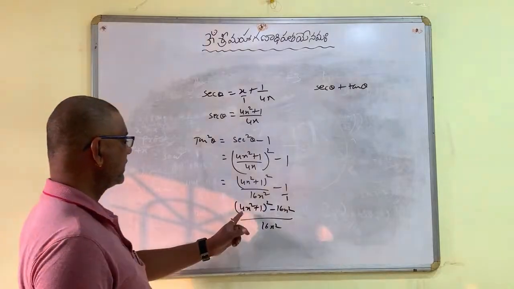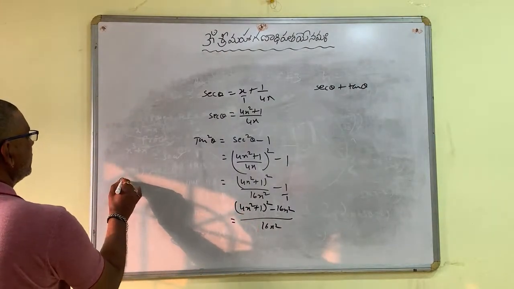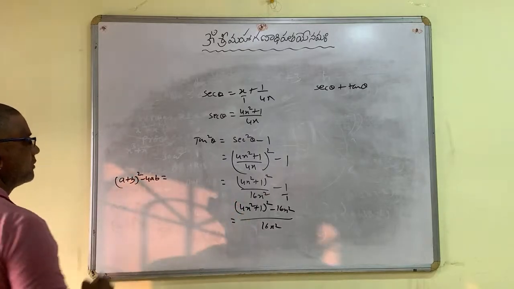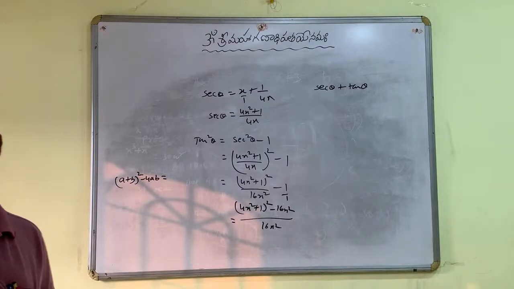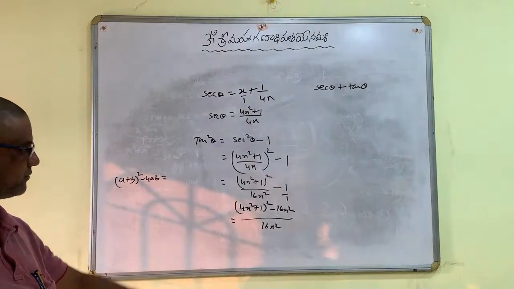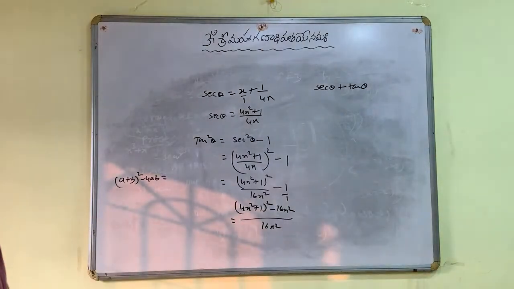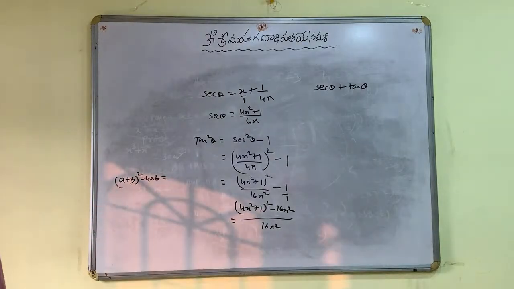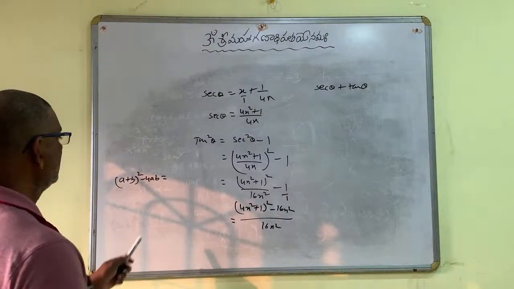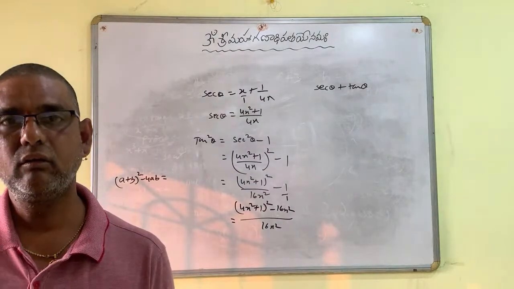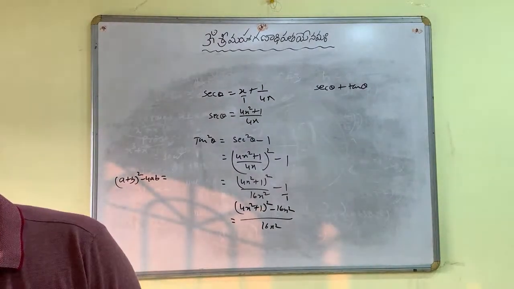Now if you observe the numerator, it is in the form of a plus b whole square minus 4ab. Here 4 into 4x square into 1 is 16x square, that is 4ab.